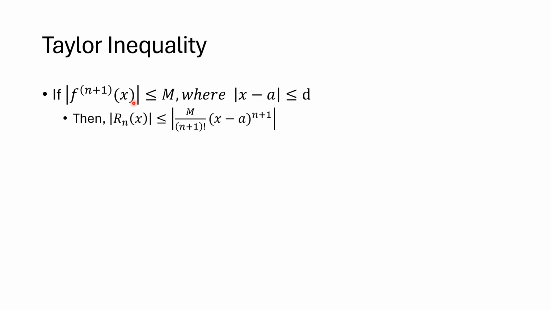However, another thing to note here is that the absolute value of x minus a must be less than or equal to a certain distance, which means that x must also be bounded, right? It must be within a certain range. There's a good reason why, because when we're trying to approximate a function, right? Let's say we're trying to approximate a parabola and we find the Taylor approximation for it.